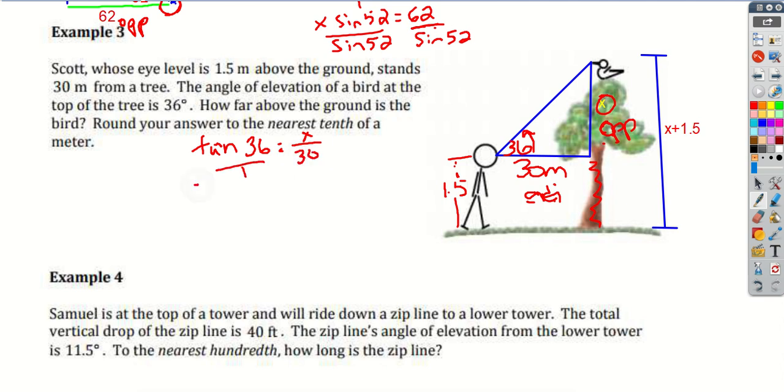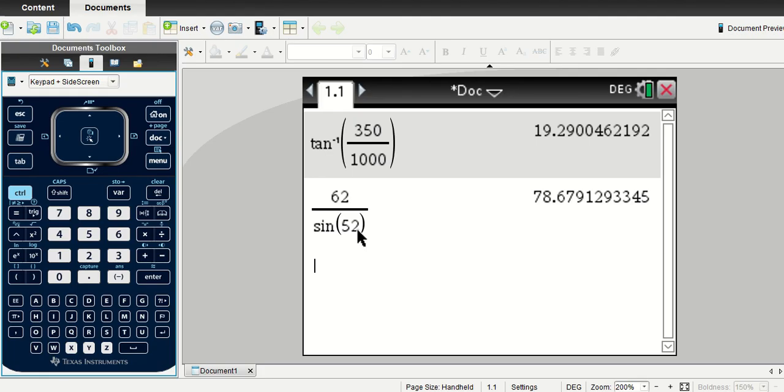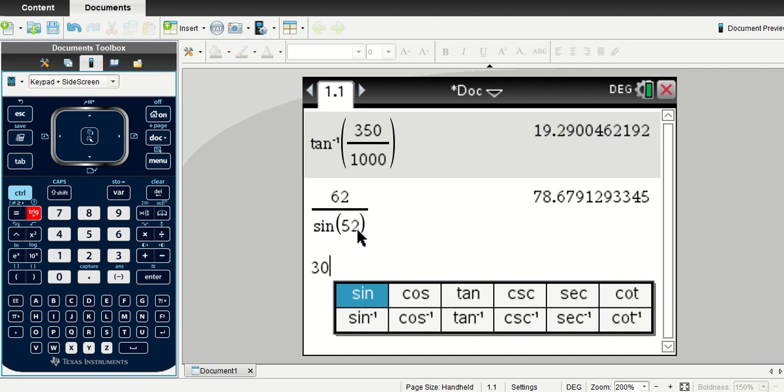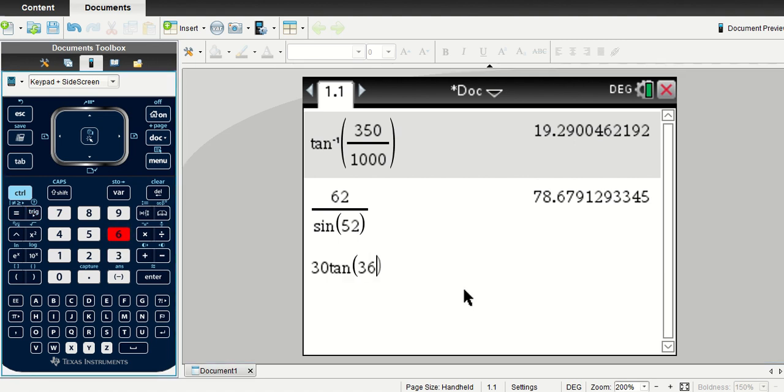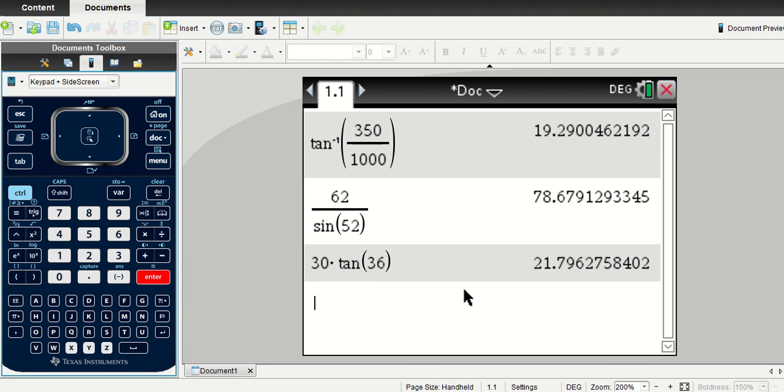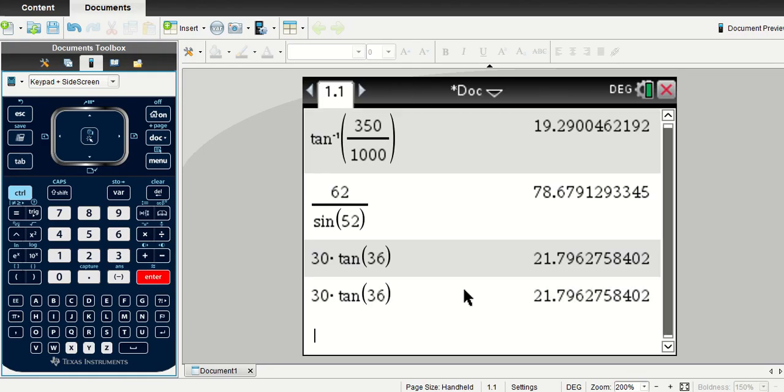We're going to cross multiply. 30 times the tangent of 36 is equal to x. And then we'll go ahead and multiply that out and get 21.8, since we're going to the tenth here.